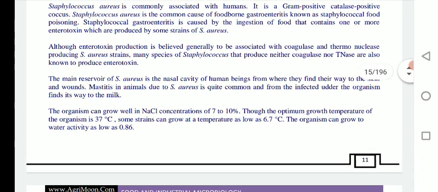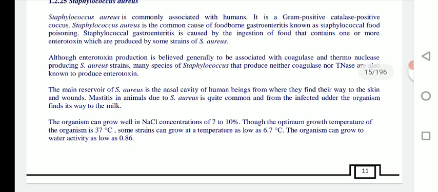Mastitis in animals due to Staphylococcus aureus is quite common, and from the infected udder the organism finds its way into milk. So in milk this organism basically comes from the diseased udder. If an animal suffering from mastitis is milked, then definitely the milk contains Staphylococcus aureus and becomes contaminated.